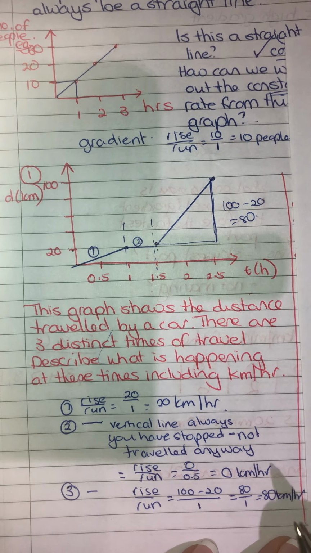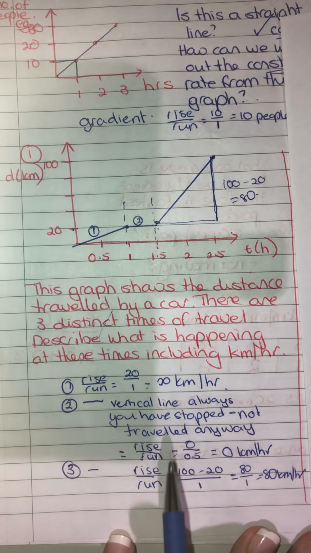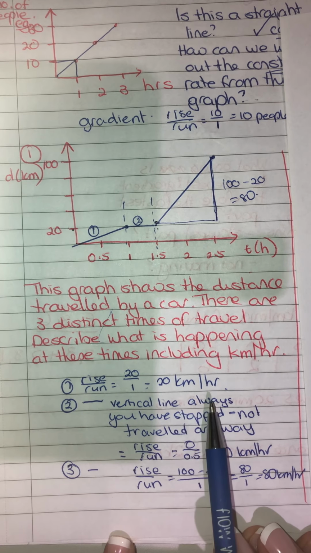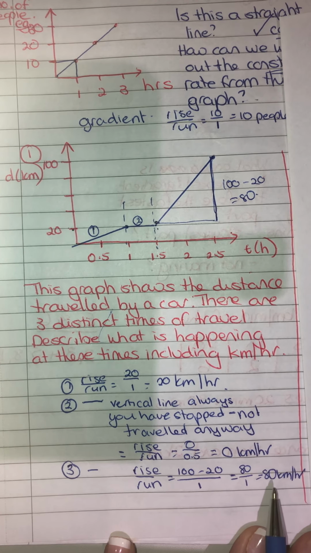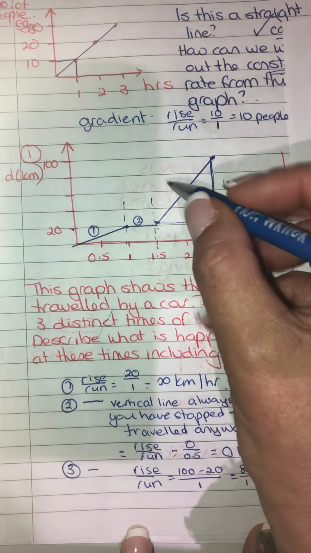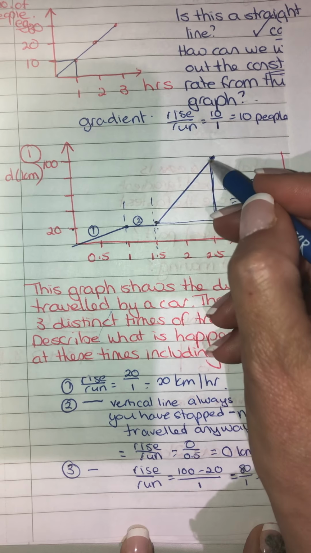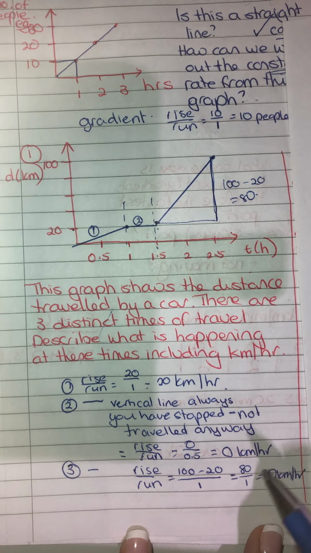So if you were telling a story, which sometimes you are, you have to say in the first hour, we were going quite slow. We went 20 kilometres per hour. Then we stopped for half an hour, and then we travelled fast at 80 kilometres per hour. And the other way you need to be able to read this is see how steep this is. This one is much steeper. So the gradient is higher, so you're travelling faster.